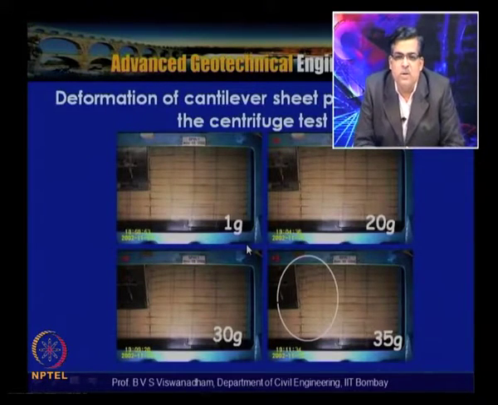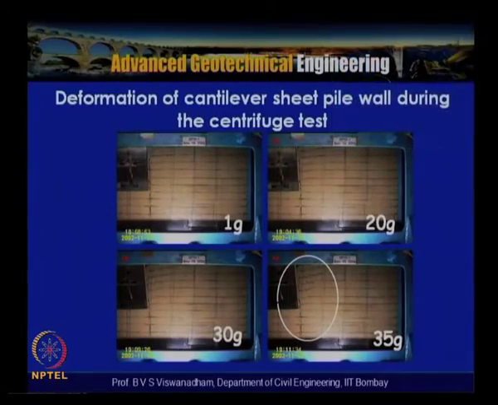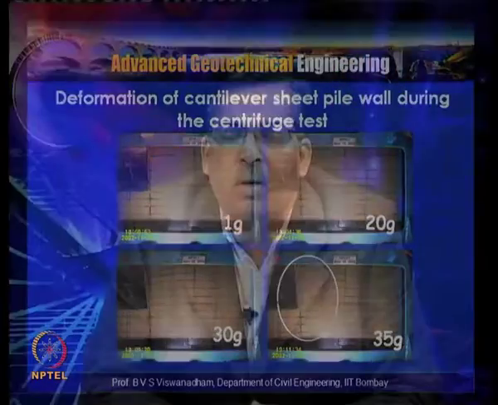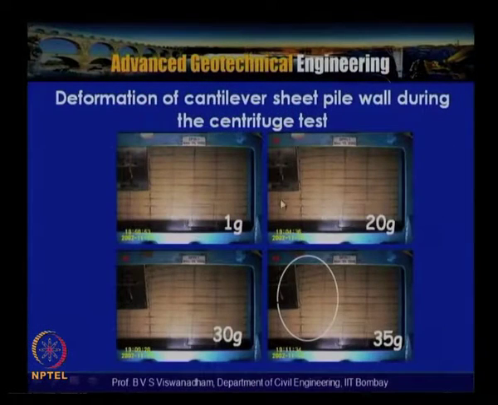In this particular method, the testing adopted is variable gravity level testing. The model has been subjected to increased gravities. This is at 1g, and this picture is obtained from a camera mounted in front of the model, so that it captures pictures of the desired area. 1g, this is at 20g, this is at 30g and 35g.